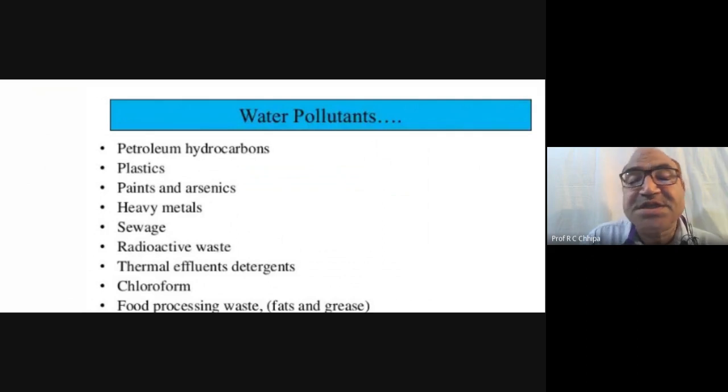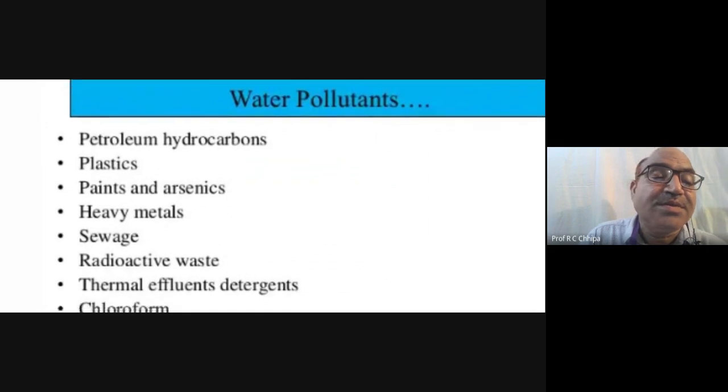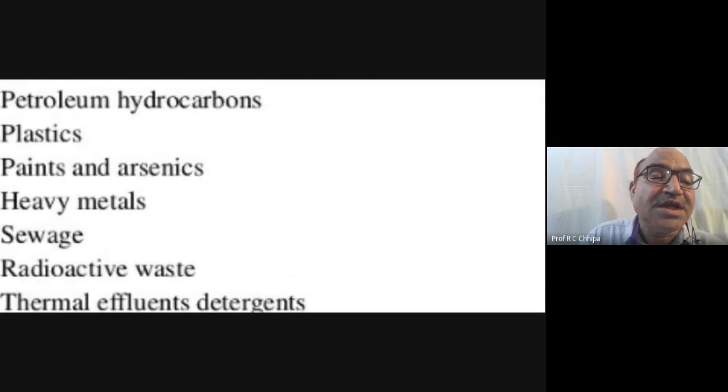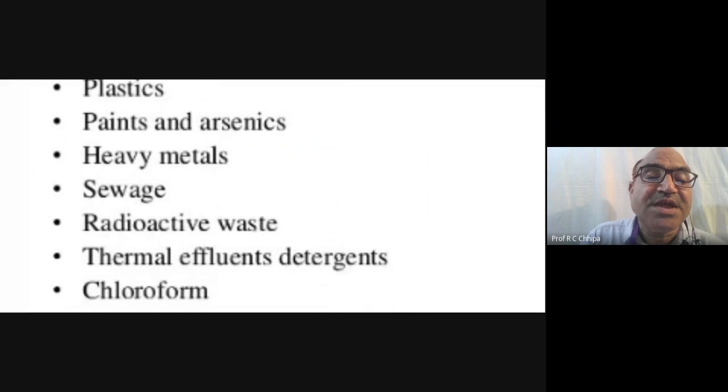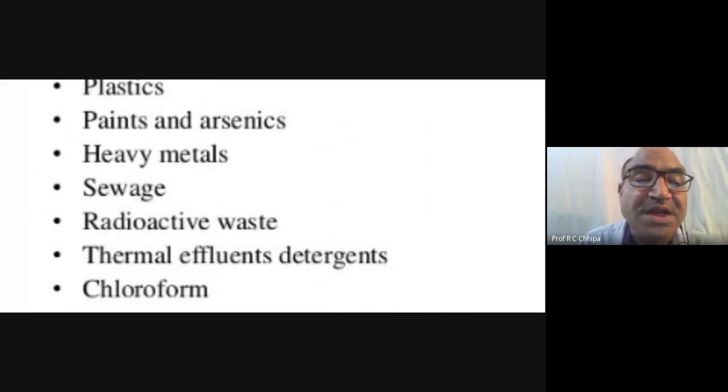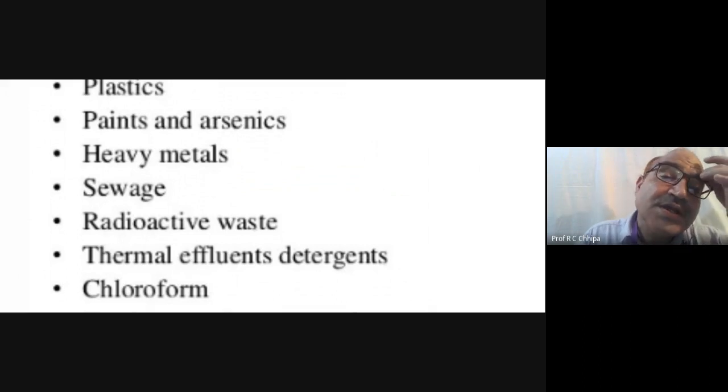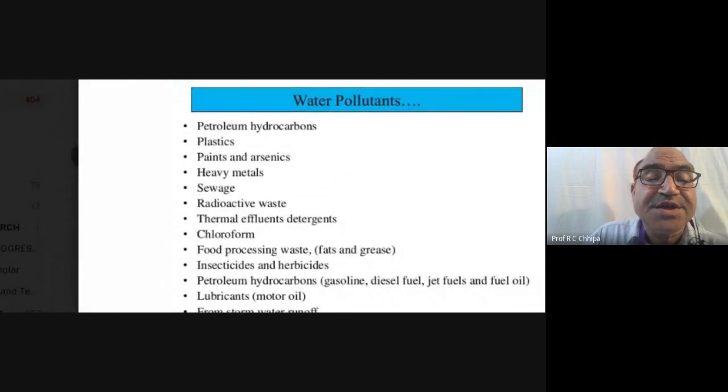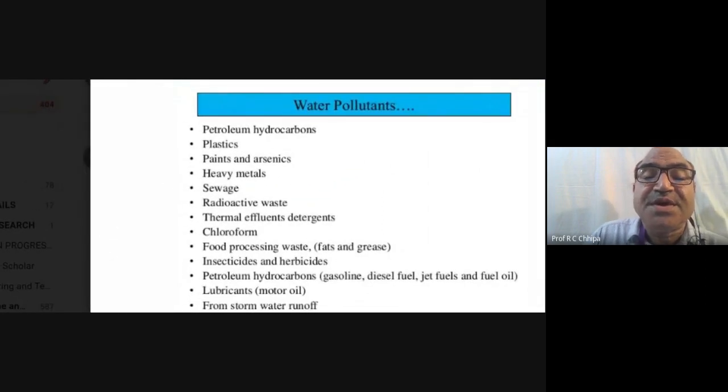Then certain plastics are also water pollutants, certain paints and arsenic, and then we have the heavy metals. In case of heavy metals, there may be mercury, antimony, and cadmium. Then we have sewage. What about the sewage waste? After our sanitation and hygiene, the wastewater is called sewage wastewater.